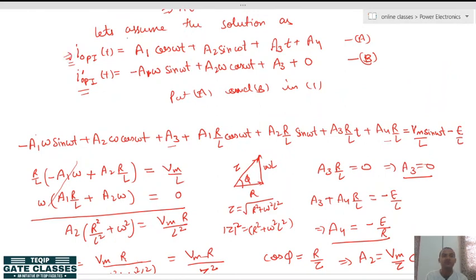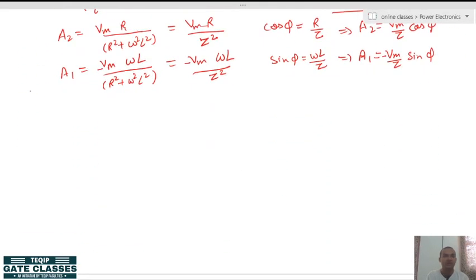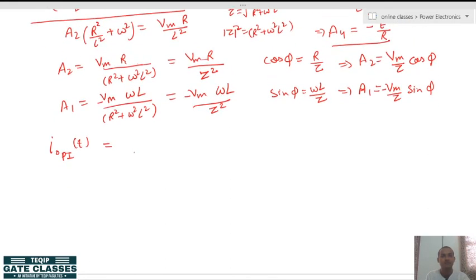So put all the A1, A2, A3 and A4 in equation number A. When you put all the values of A1, A2, A3 and A4 in equation number A, what you will get here is the particular integral or the natural response of the circuit, i naught t as minus Vm upon z sin phi cos omega t plus Vm upon z cos phi sin omega t.